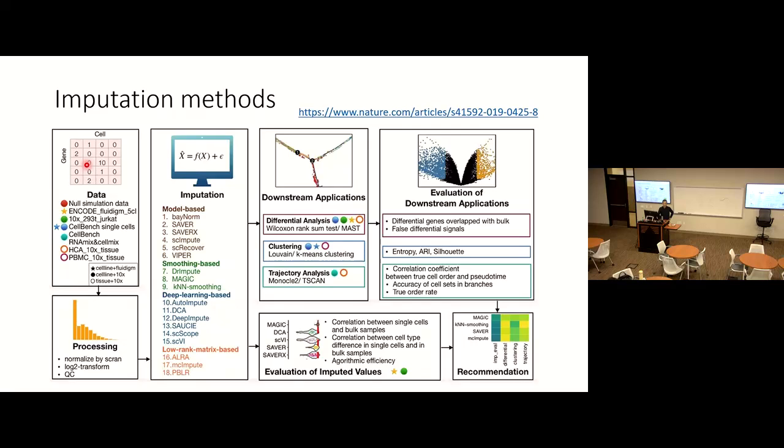Basically, we treat those zeros as missing values, and then try to use our understanding of the statistical distribution to fill in the values here. So 0 could become 1 or 2, depending on what your model is. There is a group of model-based methods to do the imputation.